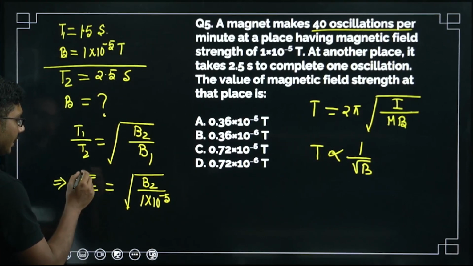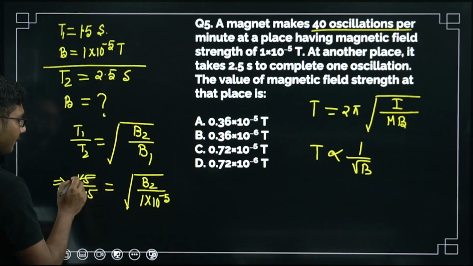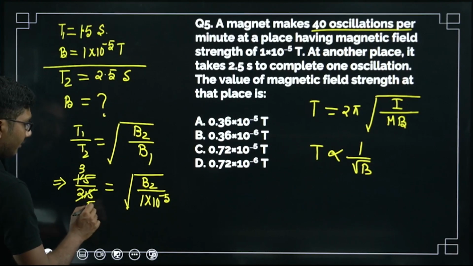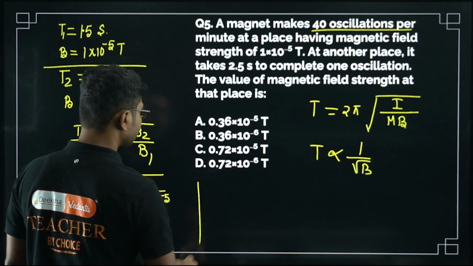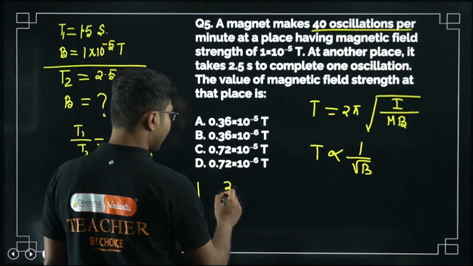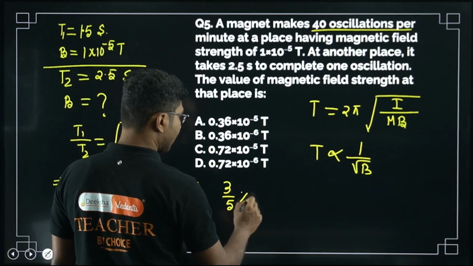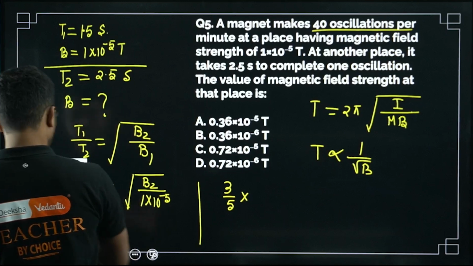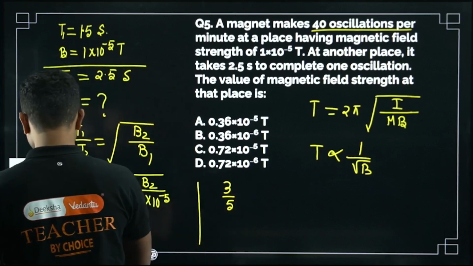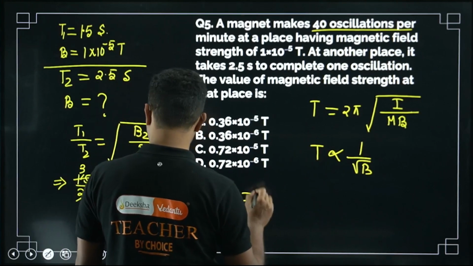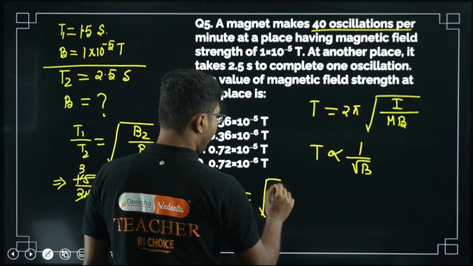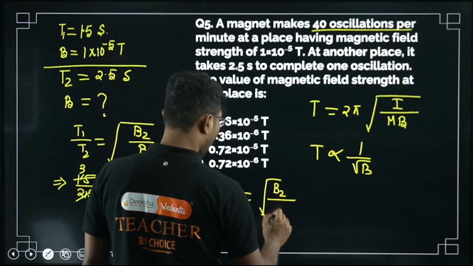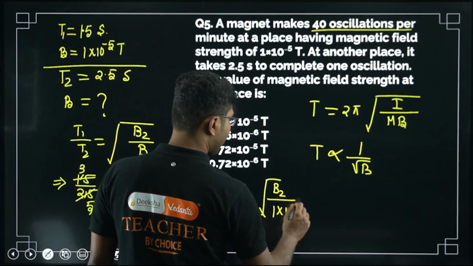So here 1.5 means 3, this is 5, so you get 3 by 5 is equal to B2 by 1 times 10 to the power of minus 5.